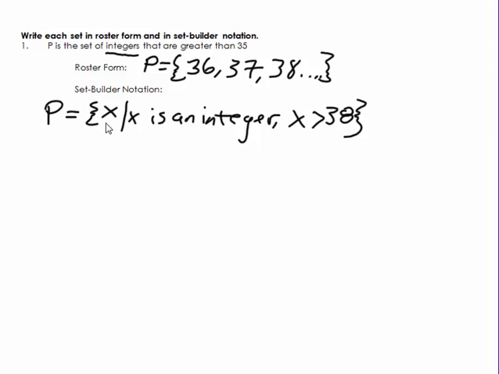So the set of x values such that x is an integer, comma, where x is greater than 38. Oh no, 35, sorry. Excuse me. Let's correct that. Greater than 35. Sorry about that. So again, P is just the name of the set. X is the name of the variable that represents the elements within that set.